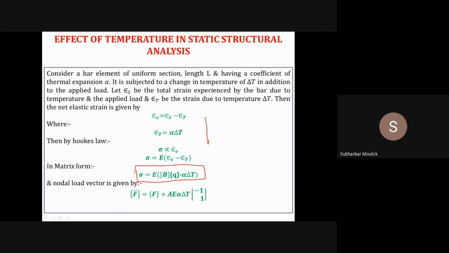Similarly, we can also calculate the nodal force vector. That means if I have a bar and I divide this entire geometry into, say, 3 finite elements, then each node will be experiencing some forces.